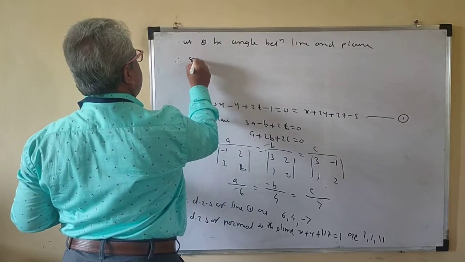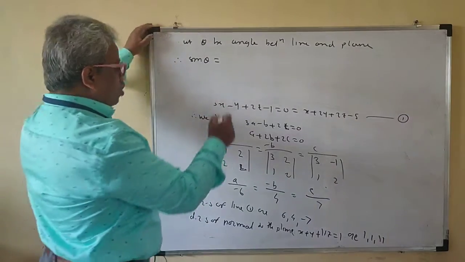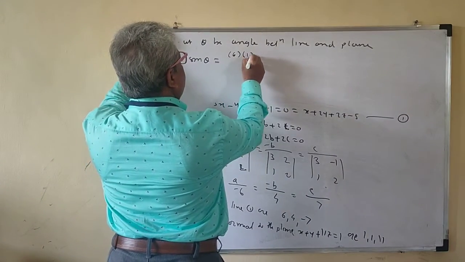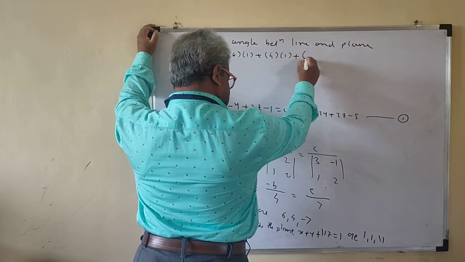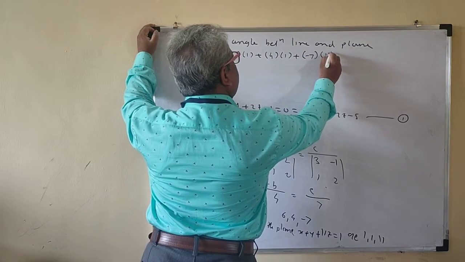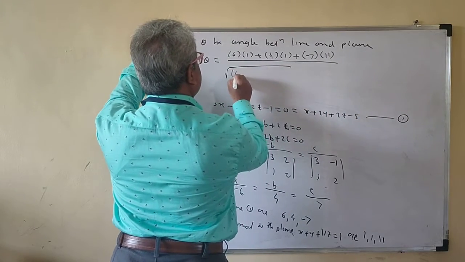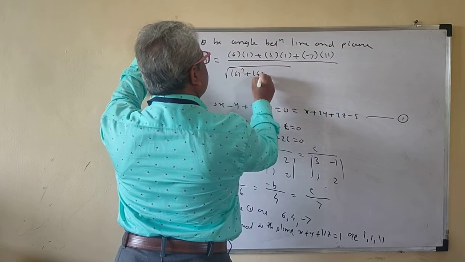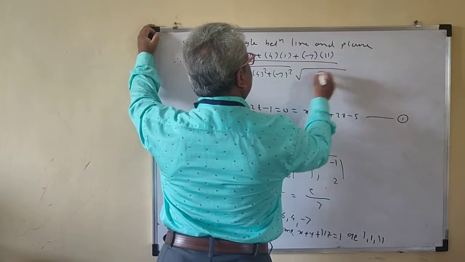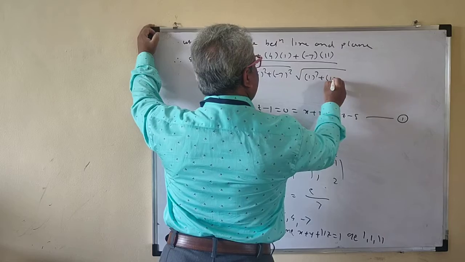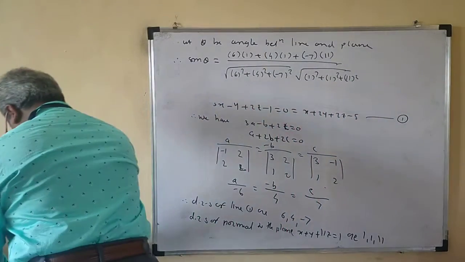Therefore sin theta equals, you have the DRS, just take the product: 6 into 1 plus 4 into 1 plus minus 7 into 11, upon root of 6 square plus 4 square plus minus 7 square, root of 1 square plus 11 square plus 11 square.